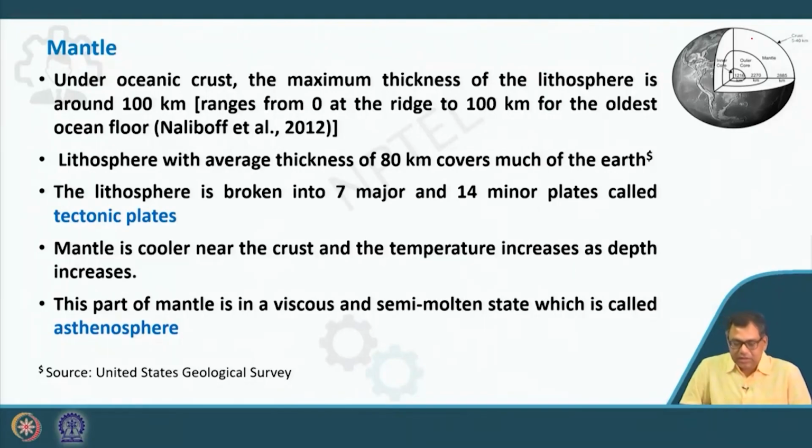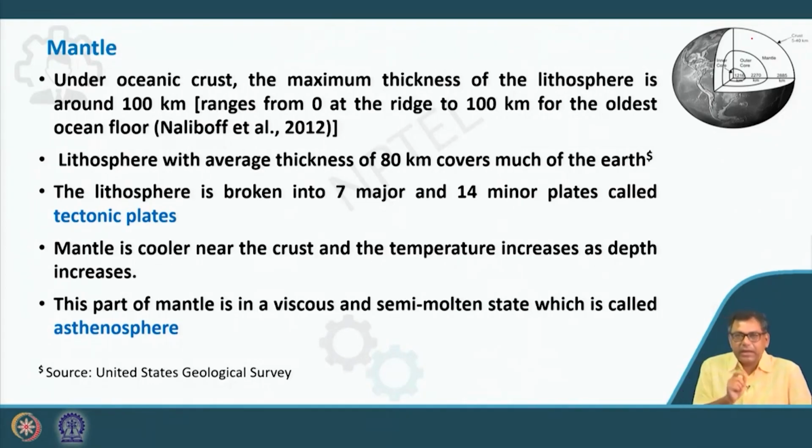Now for this definition, you will get different numbers in different places, because that depends on how you are defining their size. Here major plates indicates the plates whose area is more than 20 million square kilometers.